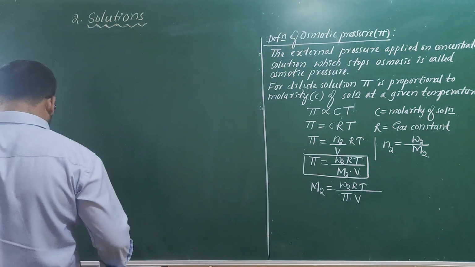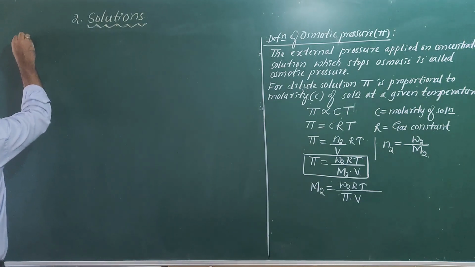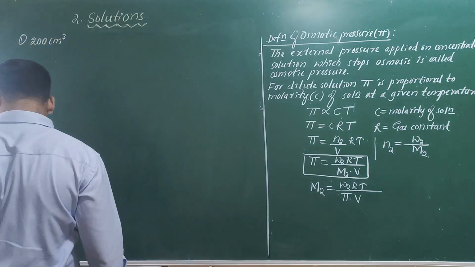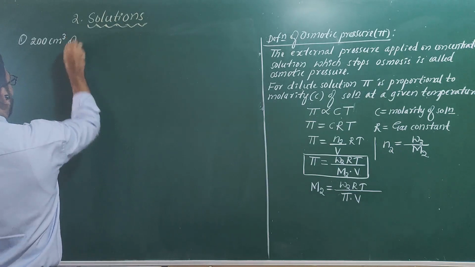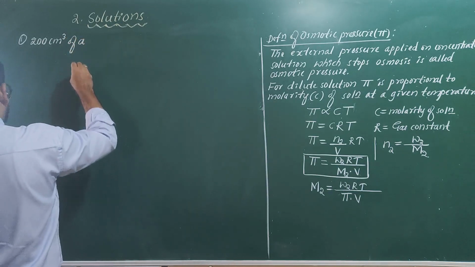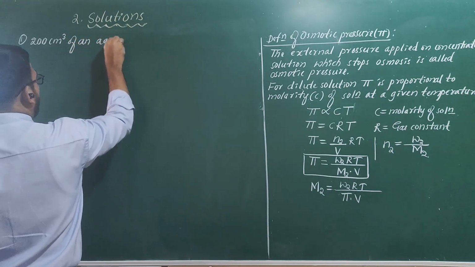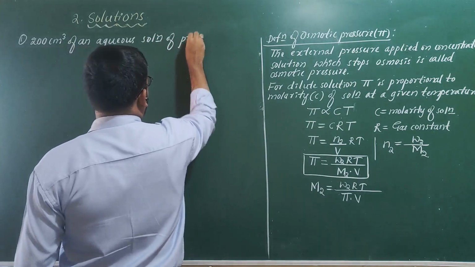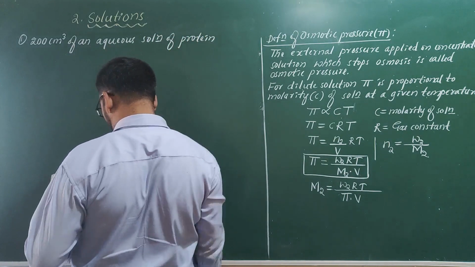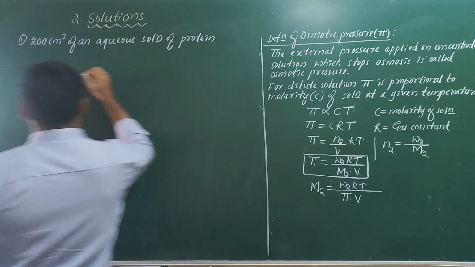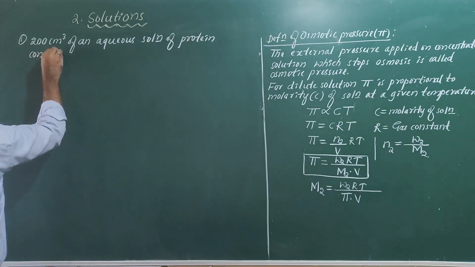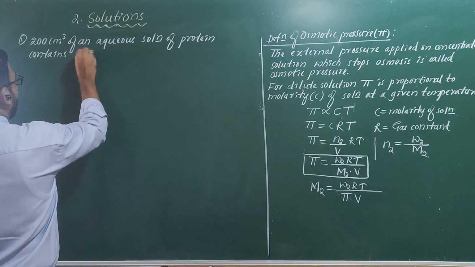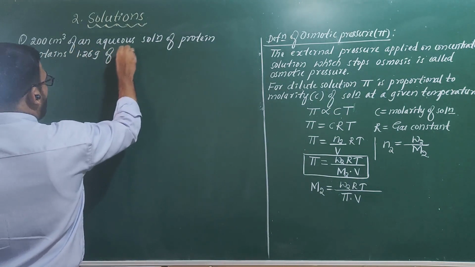200 cm cube of an aqueous solution of a protein. Centimeter cube means it is in milliliters. The aqueous solution of protein contains 1.26 gram of protein.